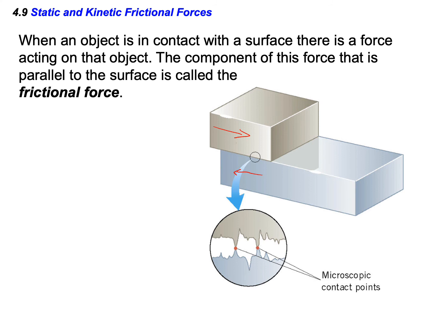This force comes from the area where those two surfaces touch. Depending on the nature of the two surfaces, it is easy to slide or hard to slide. The force the second object applies on the first object, we call frictional force.